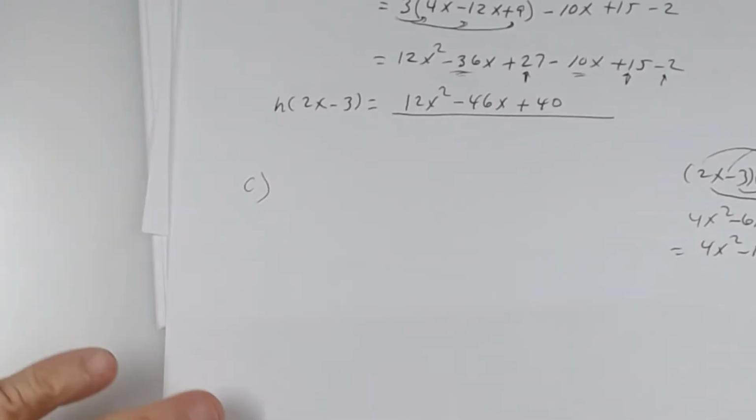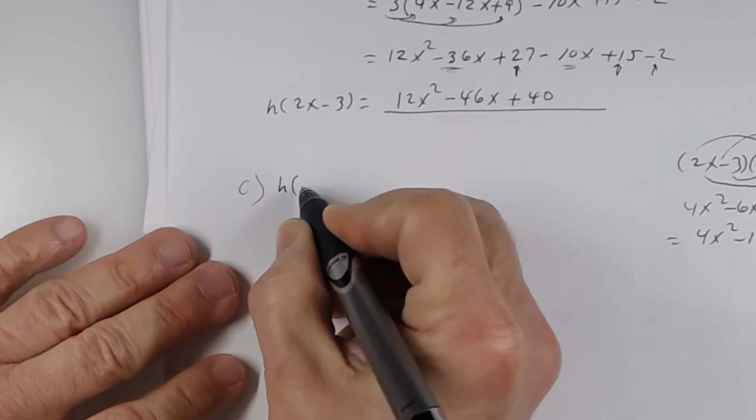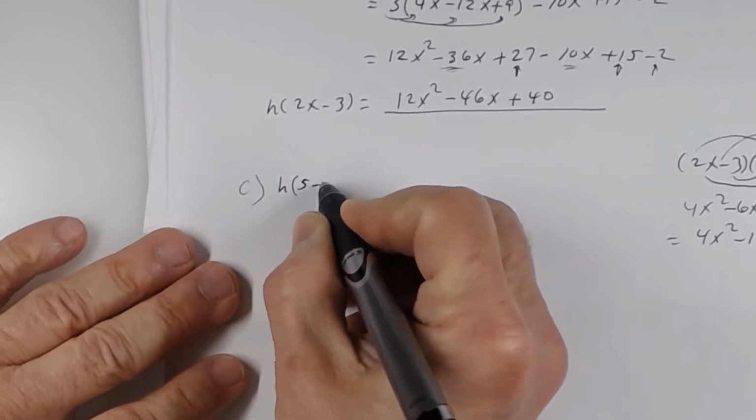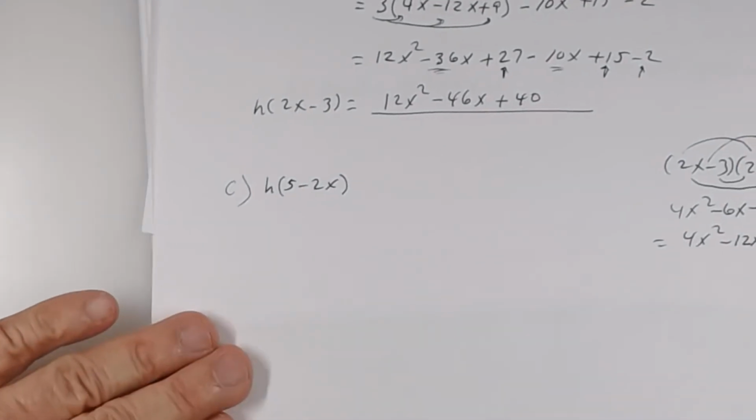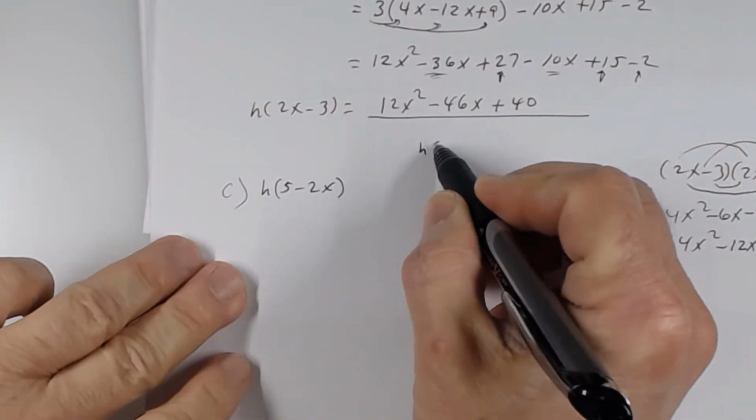C. Let's do one more with that. So let's suppose you want to find h of 5 minus 2x. Where we see the variable x, what do you substitute? I'm going to go ahead and just rewrite h of x.